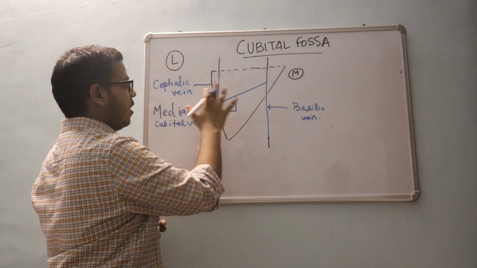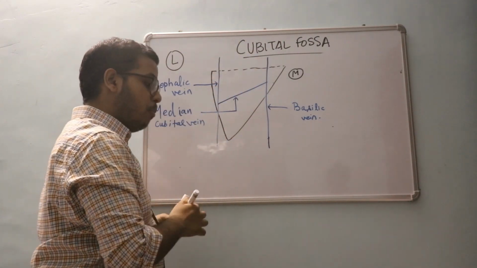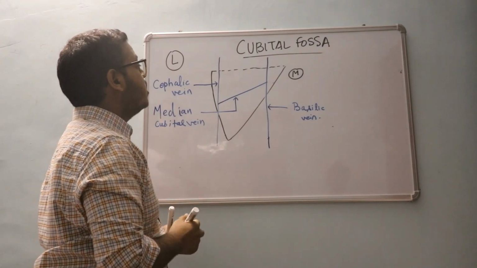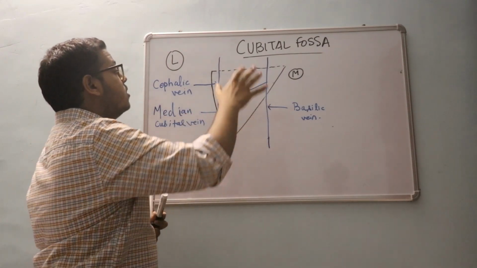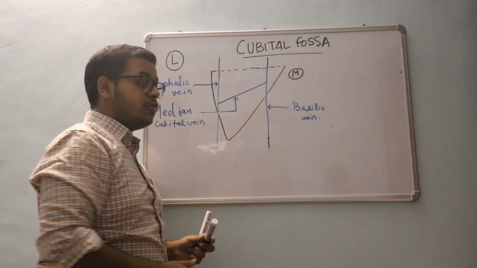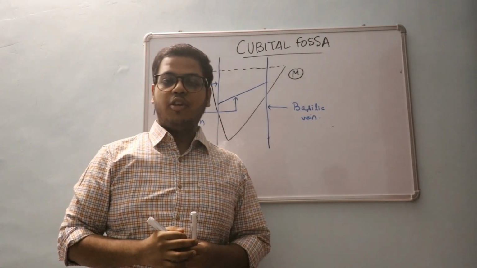So this is one of the important contents that are present. Actually, not the contents, I'm very sorry. These are the important superficial structures which form the roof of the cubital fossa.